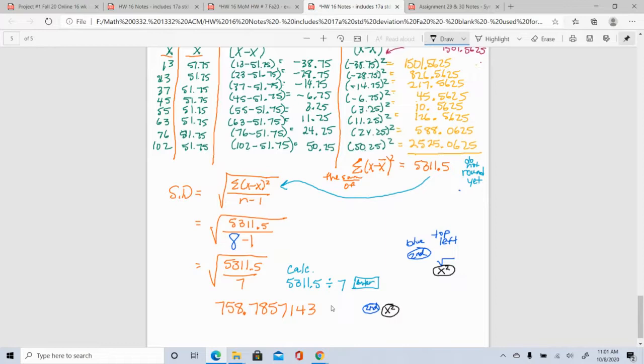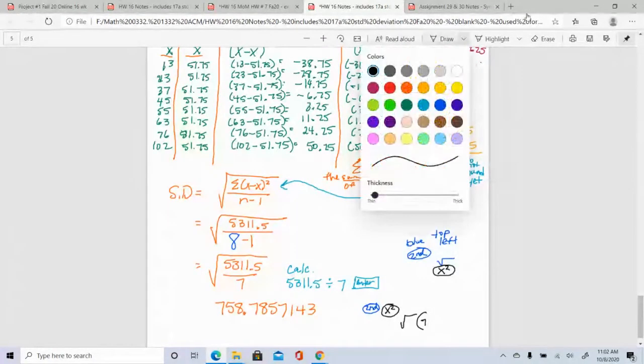So if I clear my screen and go second, and then hit my x squared, which, no, it didn't work. Okay, there we go. Hit the blue second button, and then the x squared button. That's going to give you the square root. When you do that, what shows on your screen looks like this. And then you can enter in your 758, whatever.